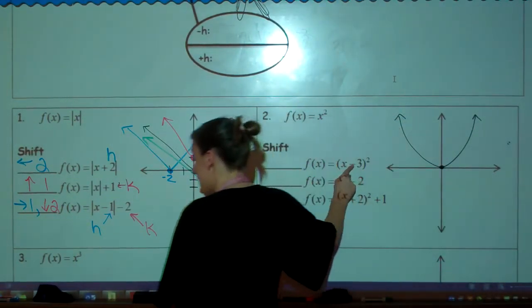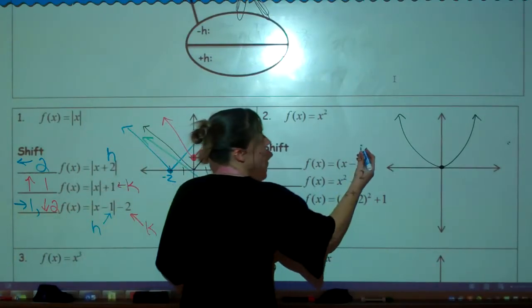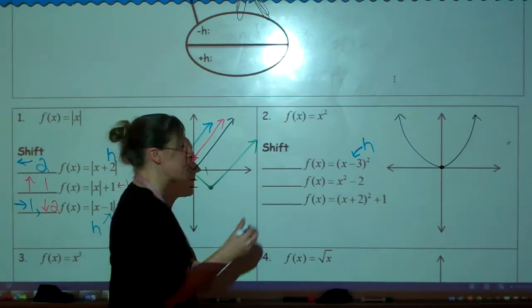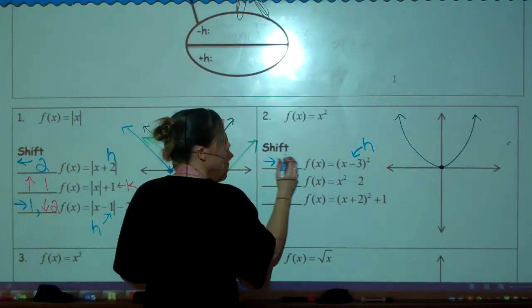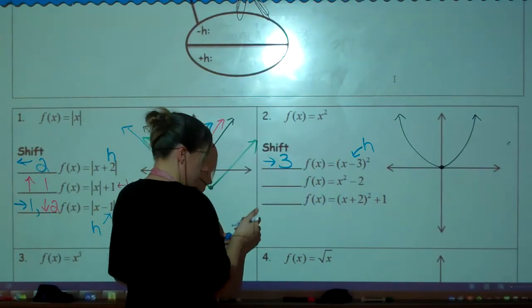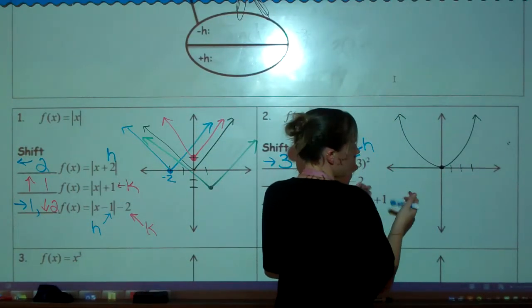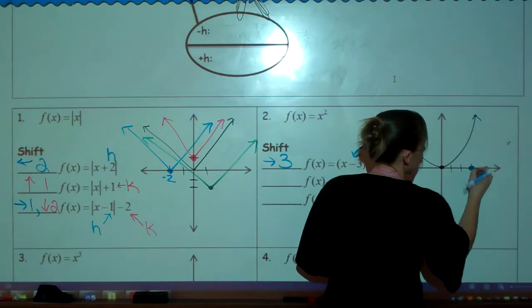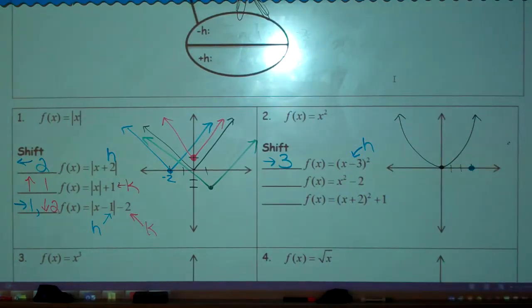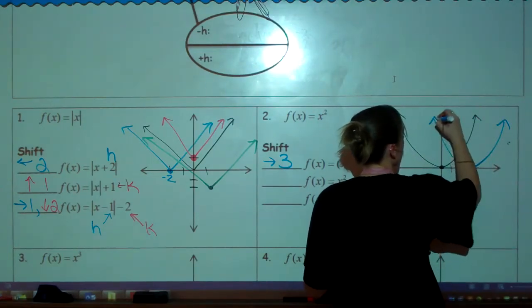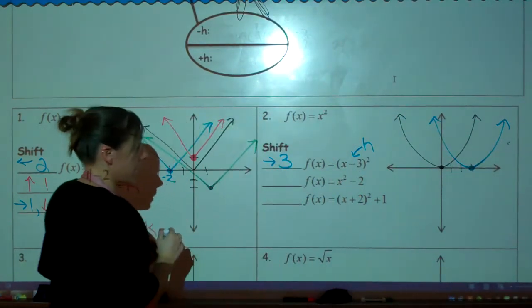So now this is inside the group. So that is H. Minus H actually means to the right. So we go to the right 3. So we're going to move this over 1, 2, 3. So this graph is shifting just to the right 3.